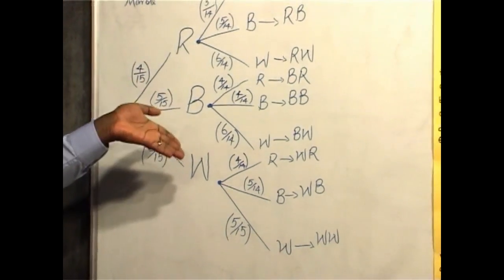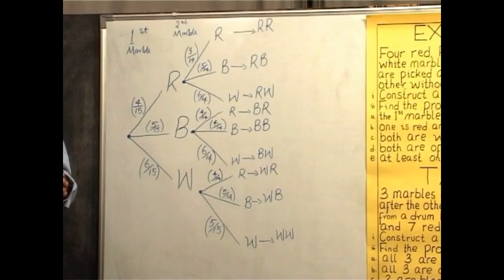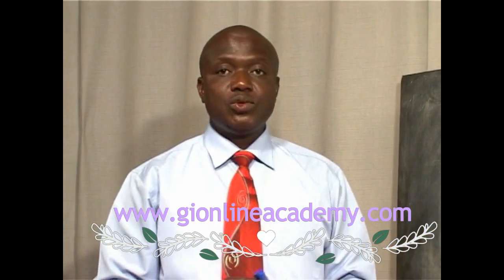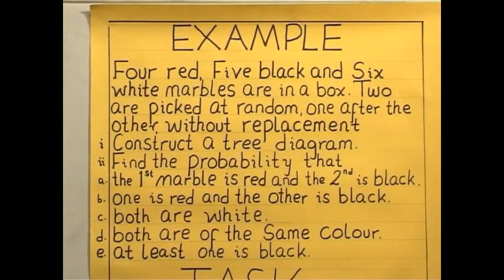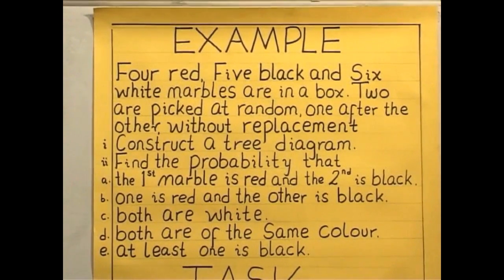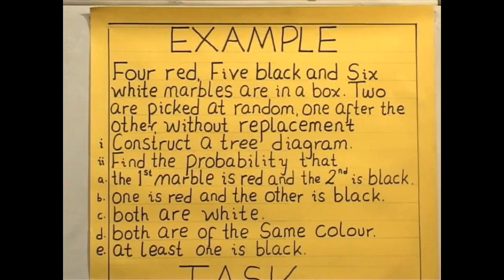So, having constructed this tree diagram, we can now use it to answer the questions that have been asked. I'm going to read through them so that as we answer them, we refer to the tree diagram. Find the probability that part A, the first marble is red and the second one is black.